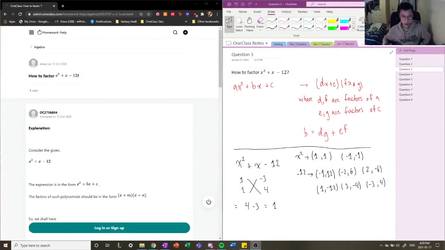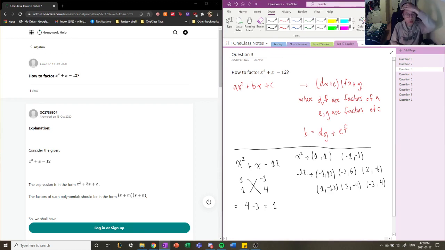Where was I? I was talking about the cross multiplication of these two pairs of factors. If you cross multiply them and add them together, and you get your middle coefficient, then you have found the pair of factors that contribute to your factored form.